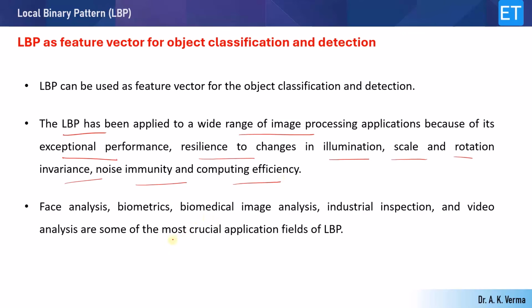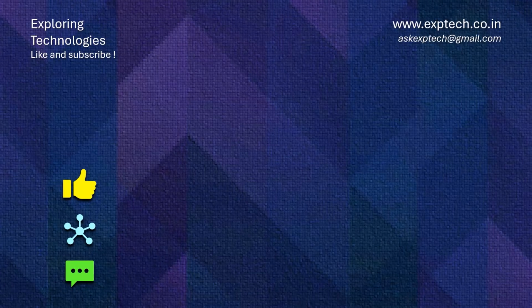Face analysis, biometrics, biomedical image analysis, industrial inspection, and video analysis are some of the most crucial applications of LBP. I hope you have understood this topic and it will give you enough motivation to try it. Obviously, if you go through some classification research papers, you will find that LBP is widely used by researchers.